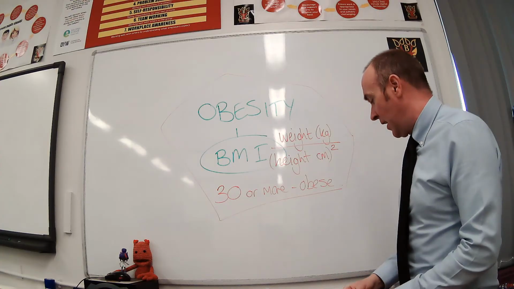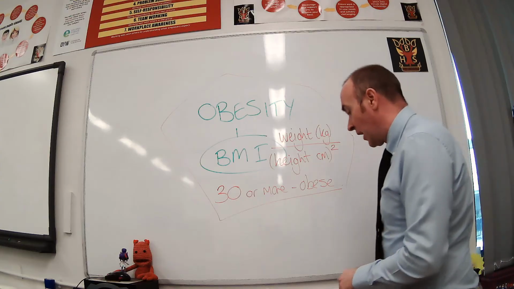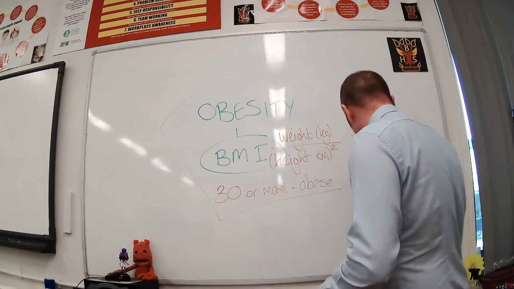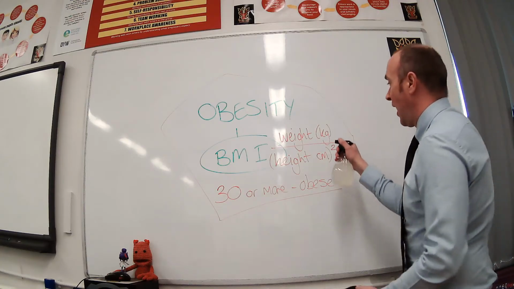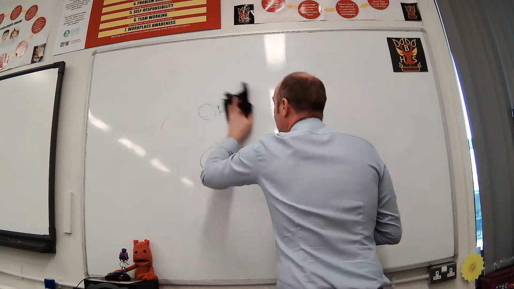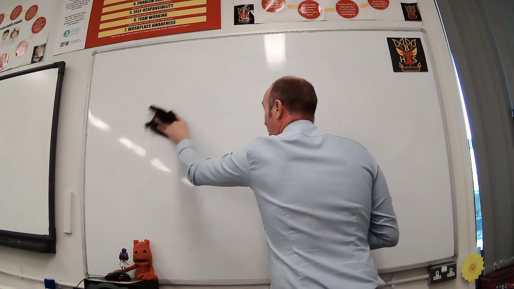One more thing I hadn't mentioned when I should have mentioned is a glucose tolerance test. Now that's something that's worthwhile understanding at this level. A way to possibly diagnose having diabetes is a glucose tolerance test.